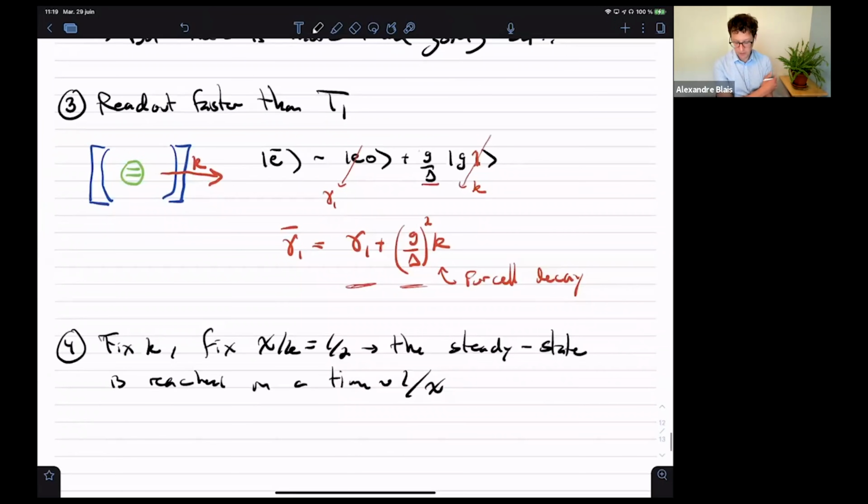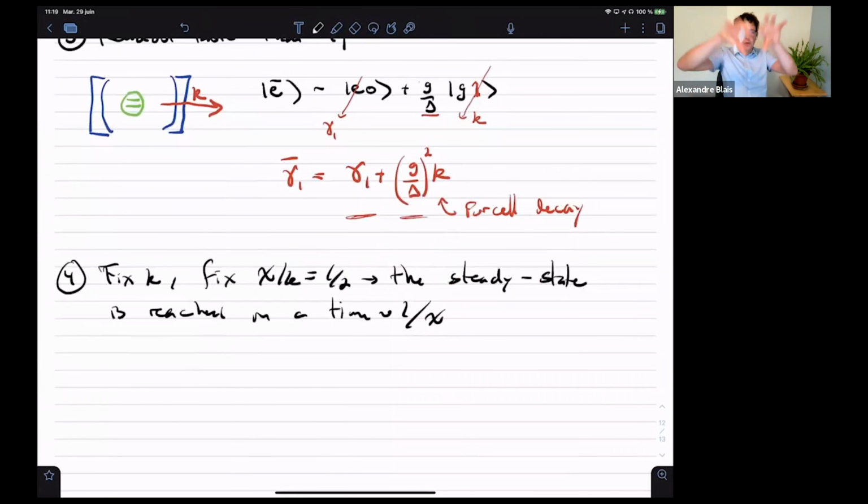So the time it takes for the blobs to grow, once you've fixed all of these parameters, the only thing which sets this time for the blobs to grow to their steady state is 1 over chi. Perfect. So now let's work with chi as large as we can.